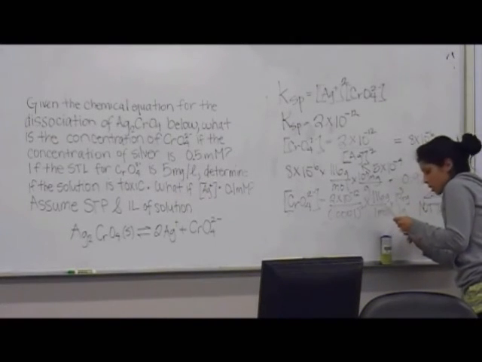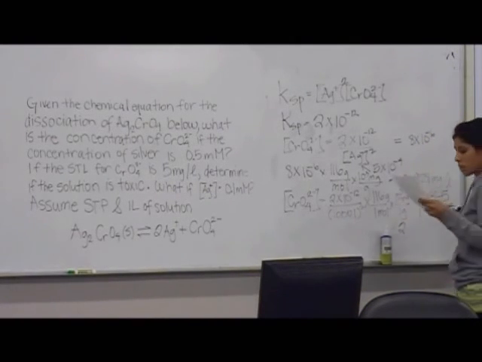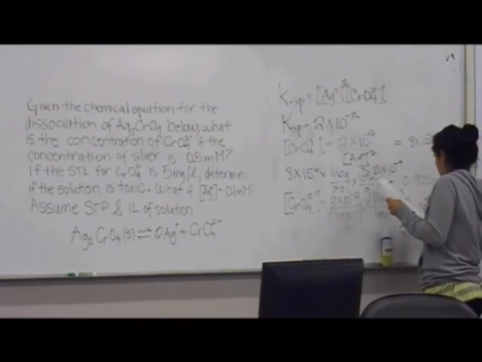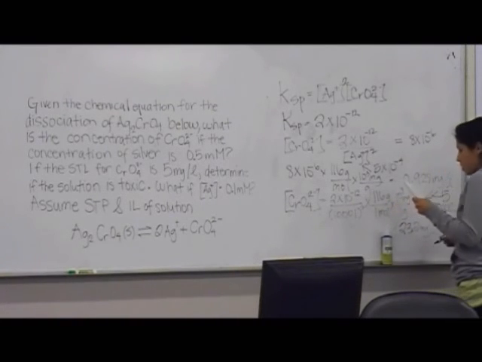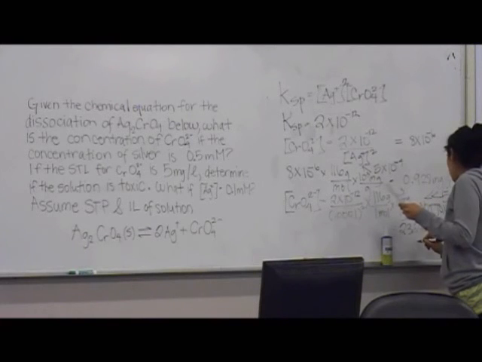So for a concentration of silver of 0.1 millimoles, we get 23.2 milligrams per liter of chromate. So that would be toxic because it's greater than 5.